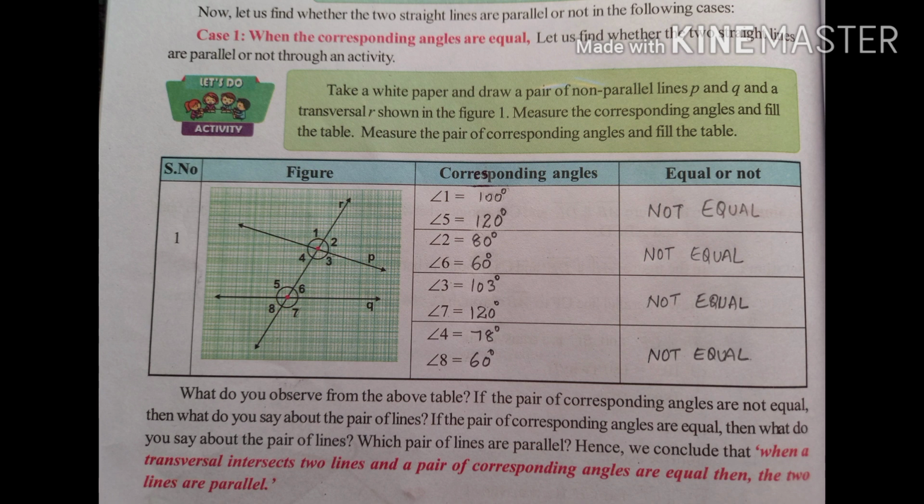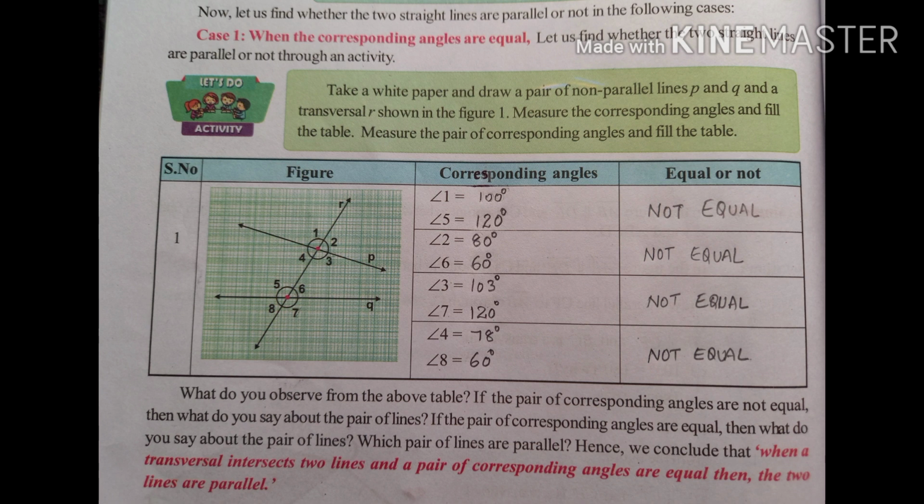If the corresponding angles are not equal, then from this example, the two lines P and Q are not parallel. Why? Because the corresponding angles are not equal.